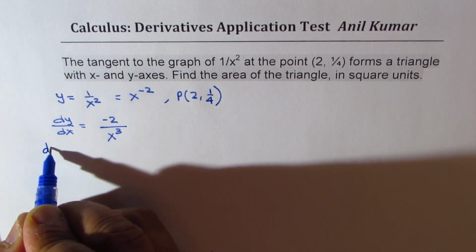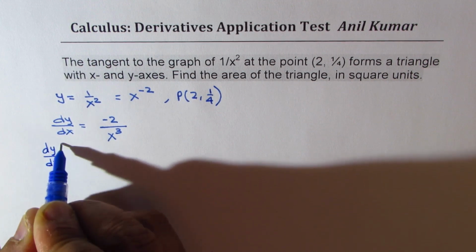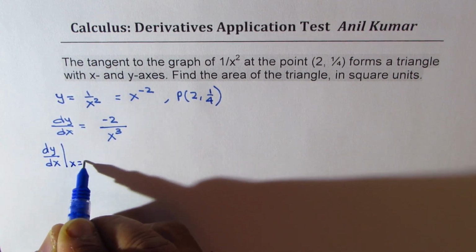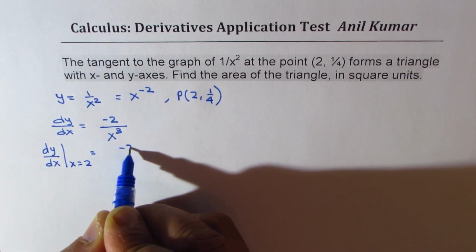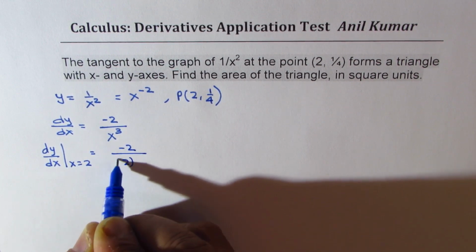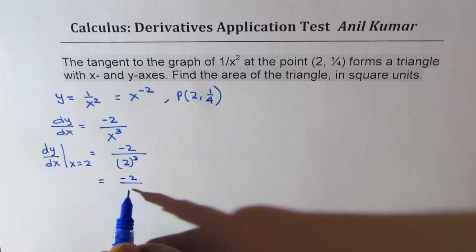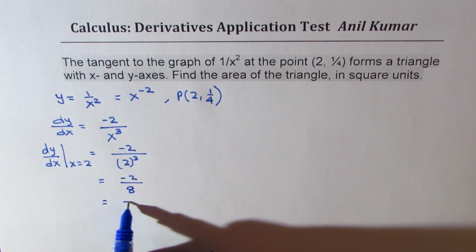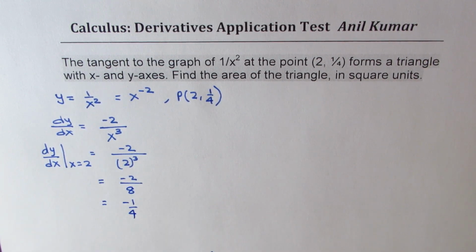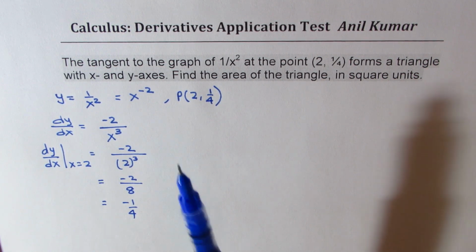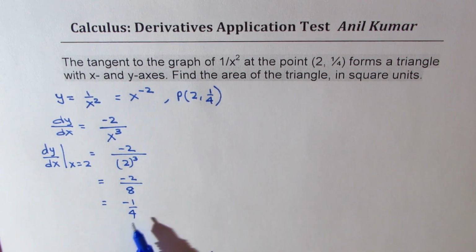The derivative of this particular function at x equals 2 will be minus 2 over 2 cubed, which is 8, right? So which gives us minus 2 over 8 or minus 1 over 4. So that becomes the derivative at the given point. Now, let's find the equation of the tangent line.